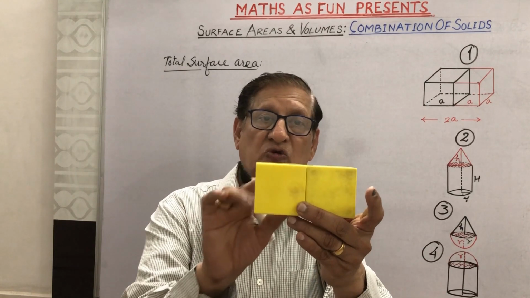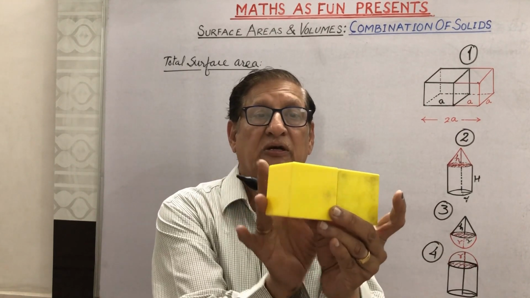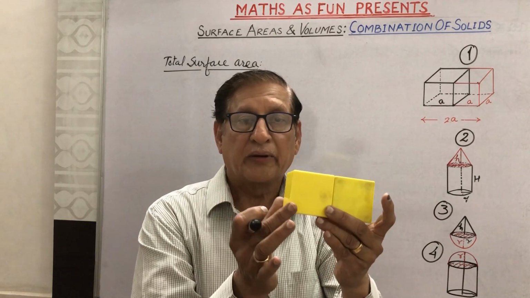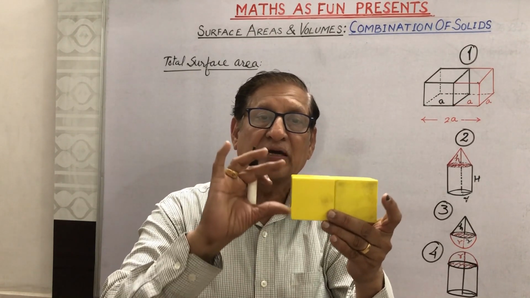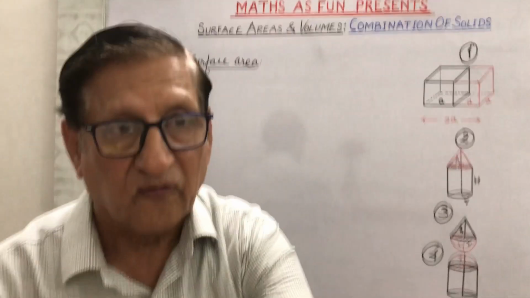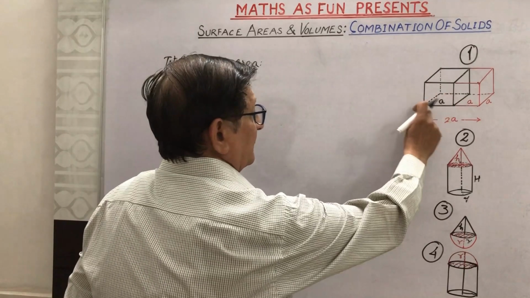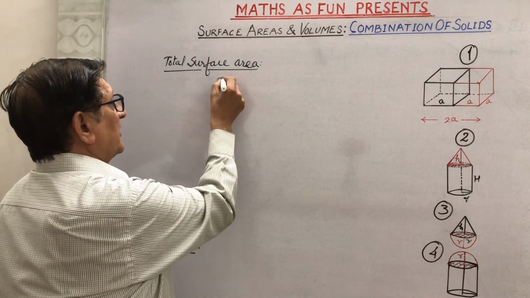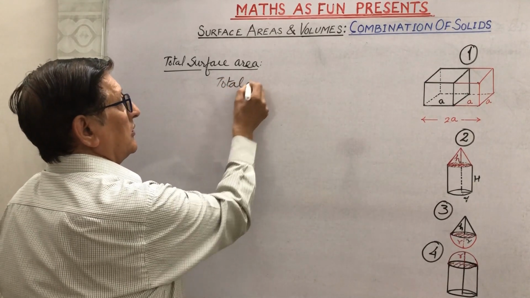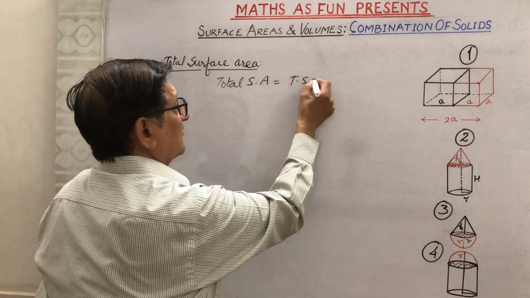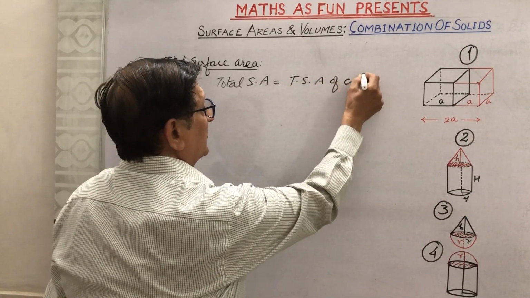We will find this cuboid, the length of this will be equal to twice the edge of the cube, breadth and the height will be the same as that of the cube. So we are finding here in this particular figure two cubes have been joined, and then the total surface area in this case will be the total surface area of the cuboid.